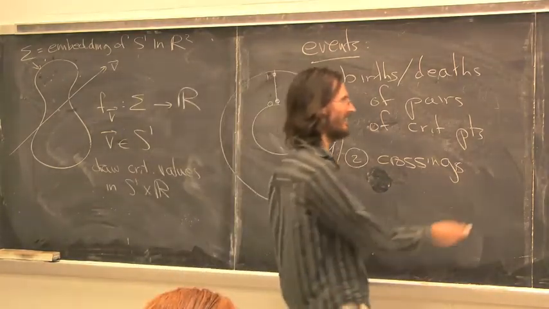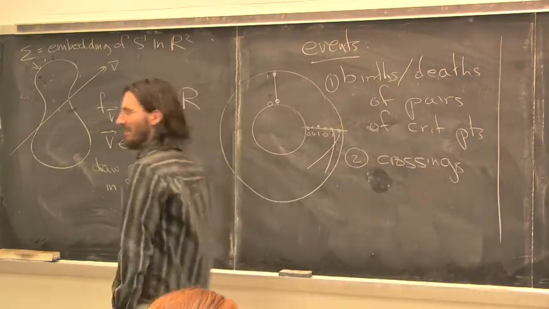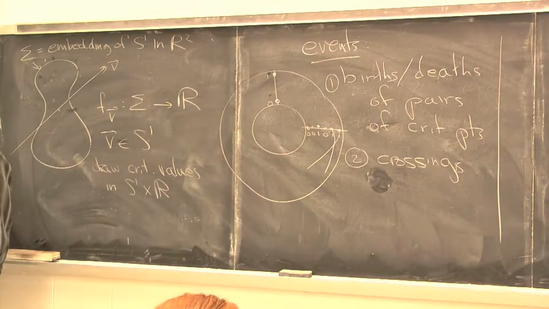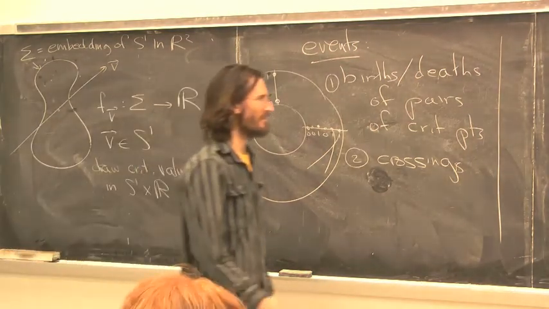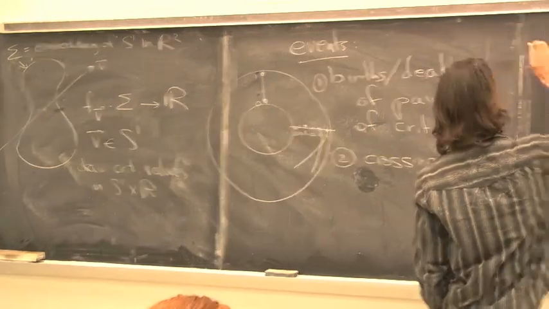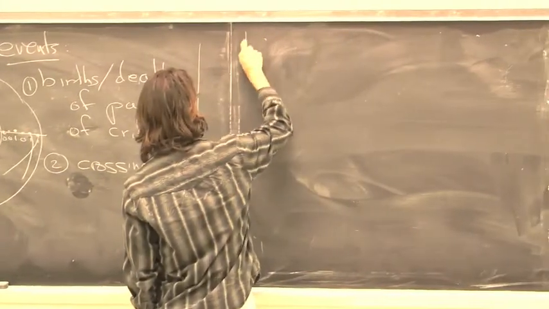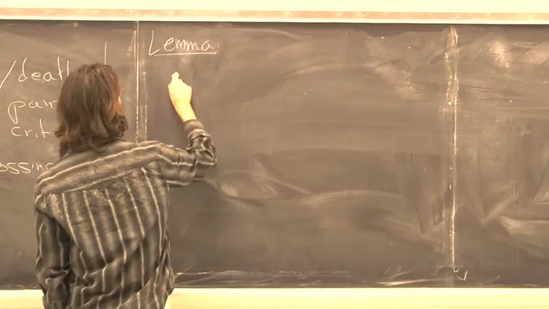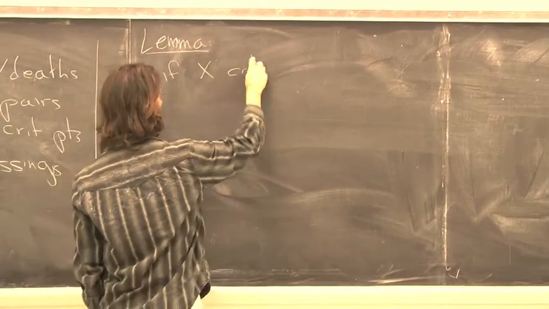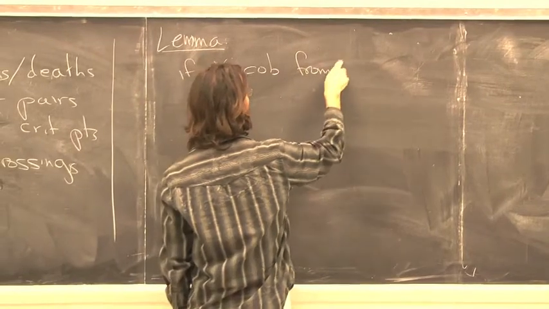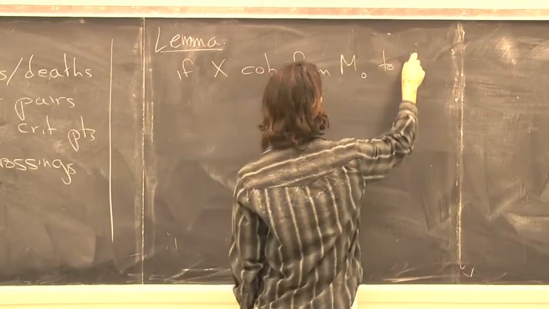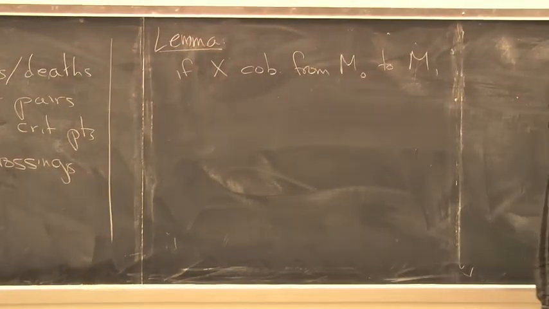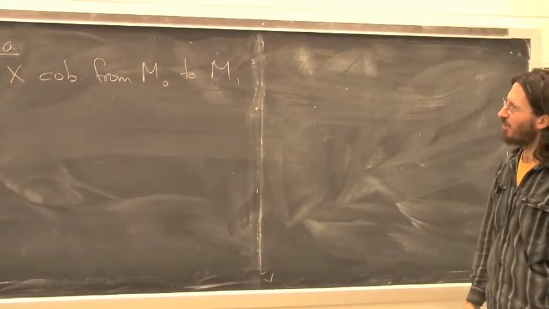So this already is an interesting problem, and we should start with that. Okay, so where were we? What we're trying to prove right now is a little lemma, which says that if X is a cobordism from M0 to M1, and by the way, why is it called a cobordism?